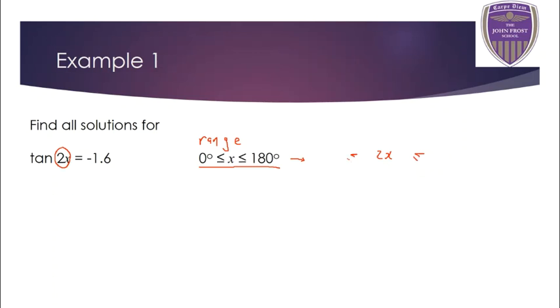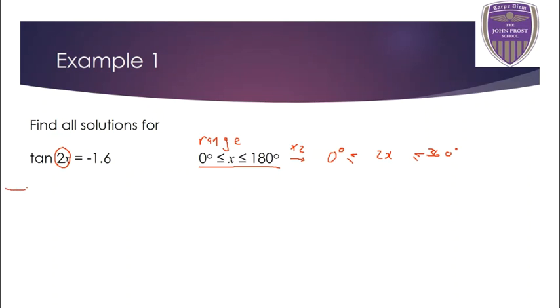To go from x to 2x, you're doubling it, so I have to times the range by 2 as well. So 0 degrees times 2 is still 0 degrees, and 180 degrees times 2 is 360 degrees.